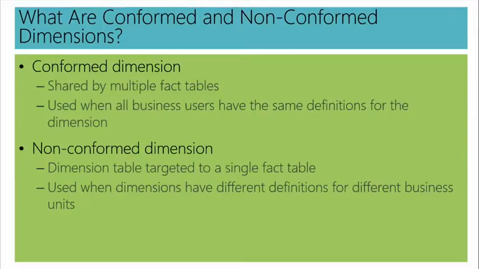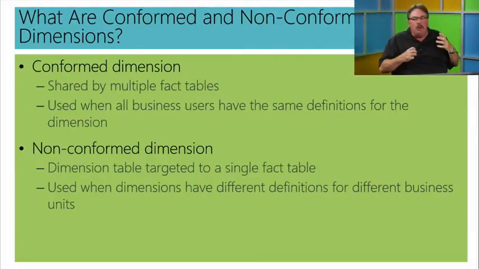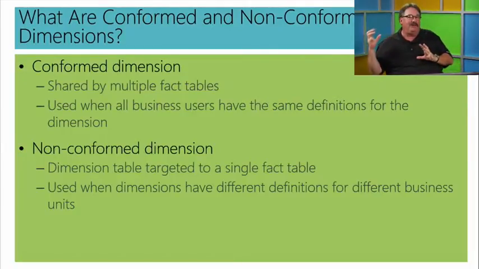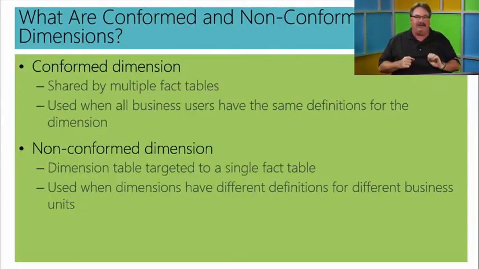A non-conformed dimension is when we have a dimension where part of the business uses only some of the attributes, and another part of the business uses a different subset of the attributes. There might be crossover, but when you look at the dimension, there's really two definitions of what that dimension needs to have, depending on who uses it.